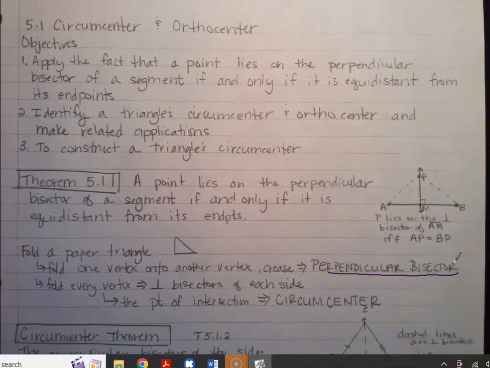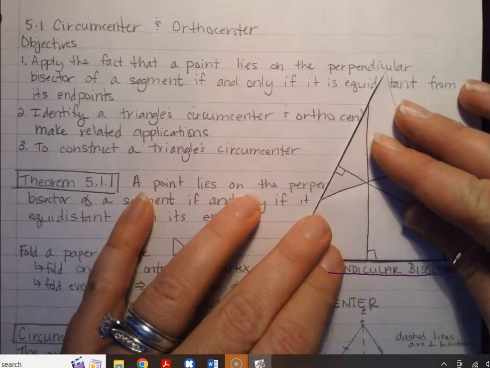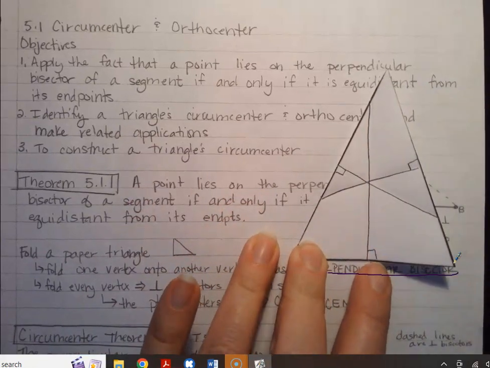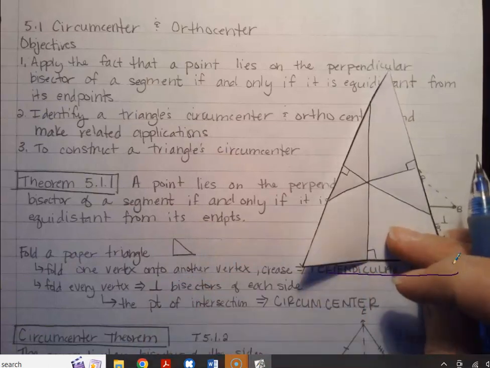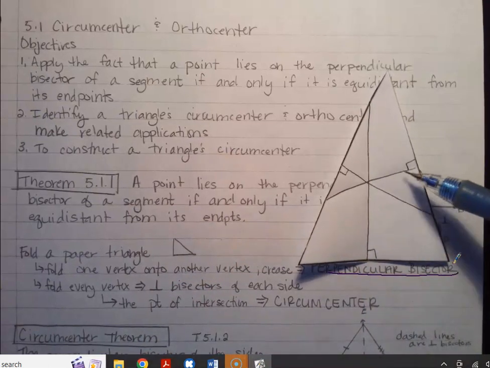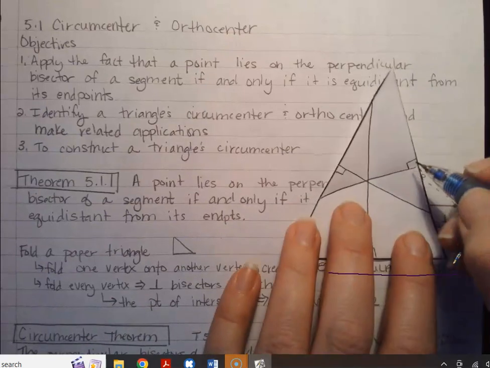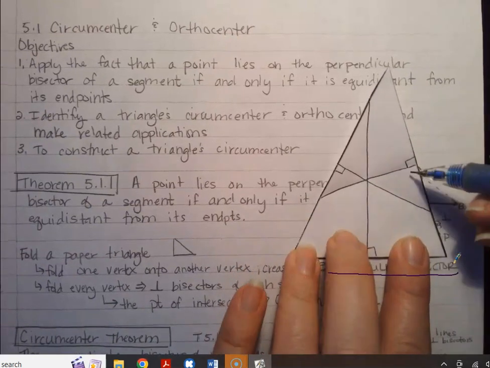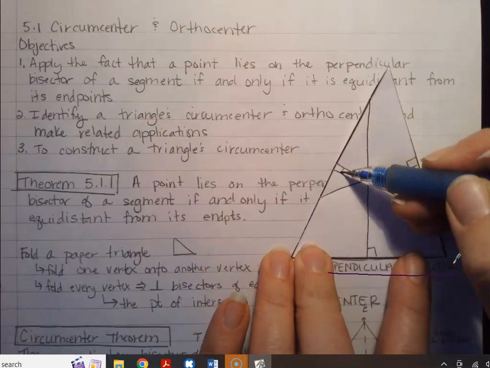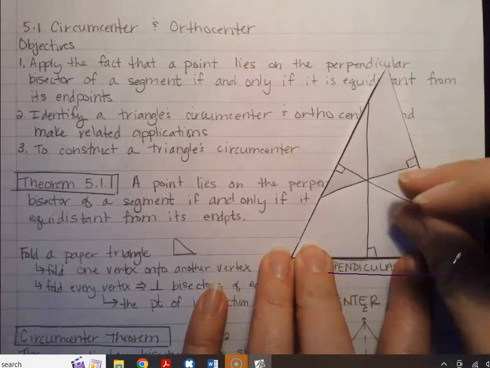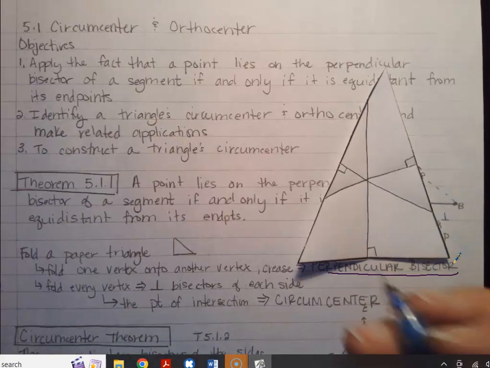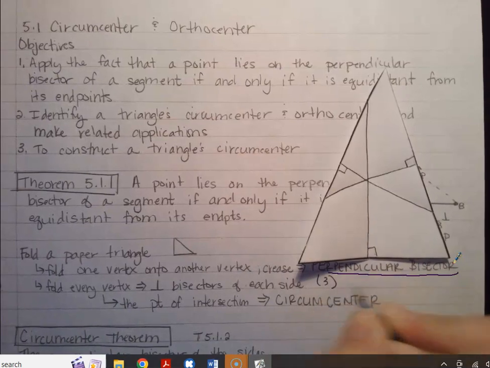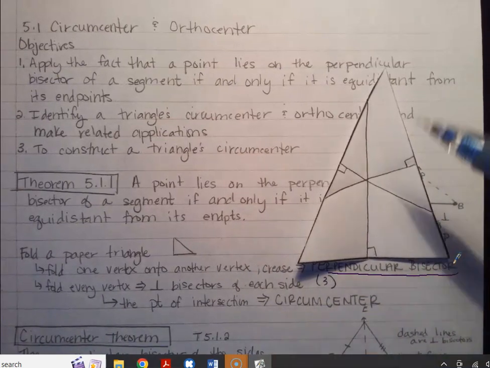Okay, I'm going to stand this up actually, so maybe it'll help us think about that too. There should be a perpendicular bisector for each side that you made. I marked which side they were perpendicular to, so that also helps me count: 1, 2, 3. Now, when you folded every vertex, you got a perpendicular bisector of each side. But do you notice how they intersect?